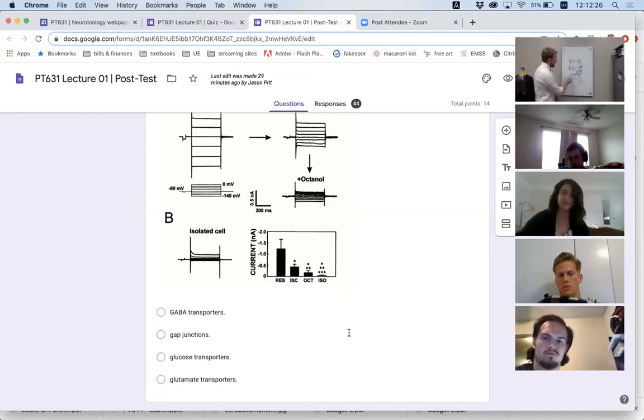Now remember, if this cell picks up a whole bunch of neurotransmitter, it can spread that to its neighbors. It's going to spread through gap junctions. So all of these astrocytes are coupled together and they essentially act as one cell. They share that cytoplasm. Stuff can move from one cell to another. Resistance is the opposite of that.